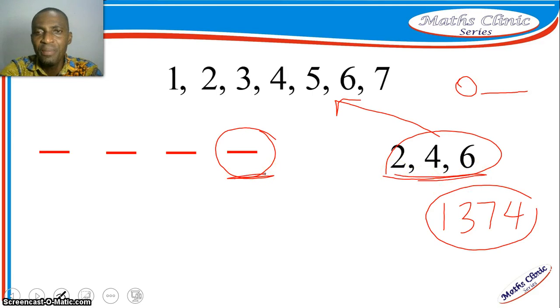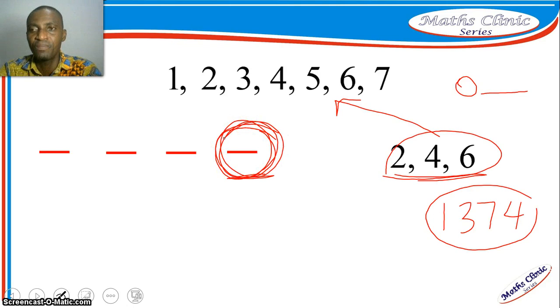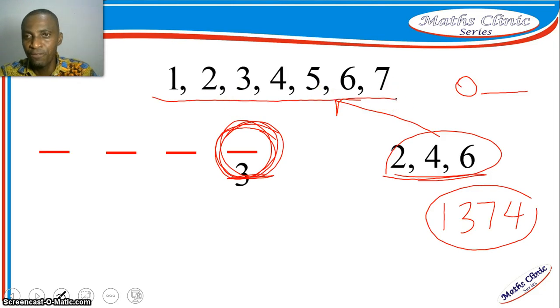So the question is, how many ways can we arrange this particular position? That's the last position, and that's going to give us 3 ways. So that 3 is taken outstanding. Then we are left with 3 different slots, and any of these numbers can be positioned in the first.